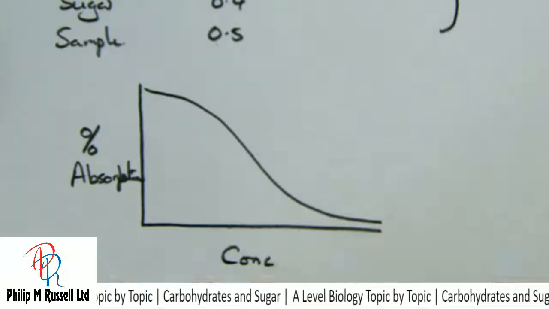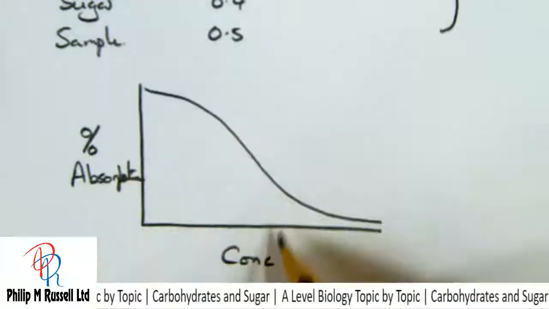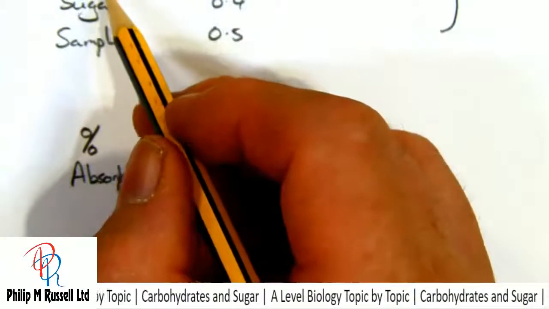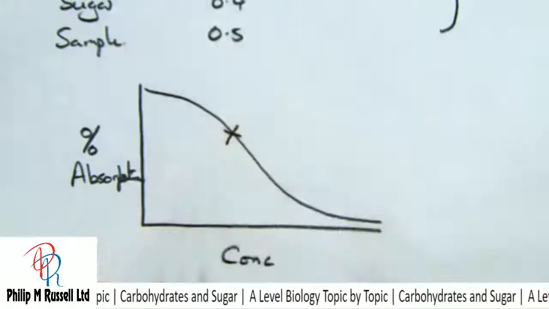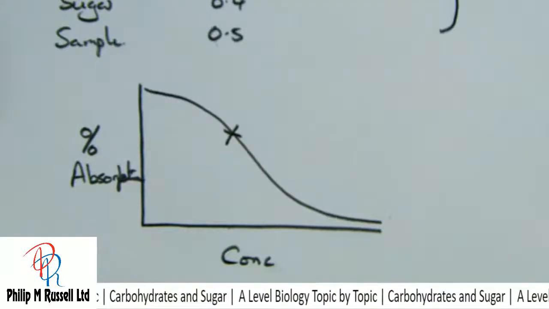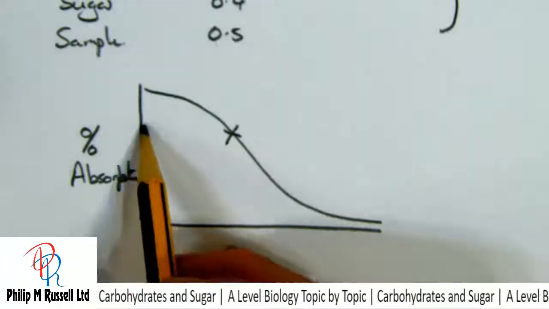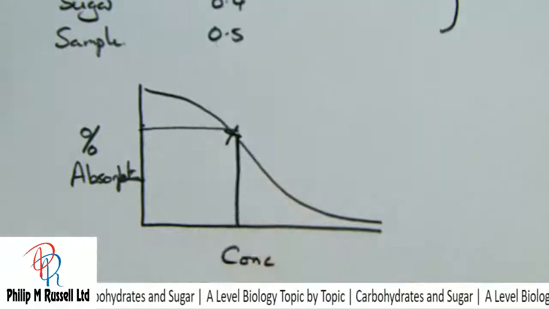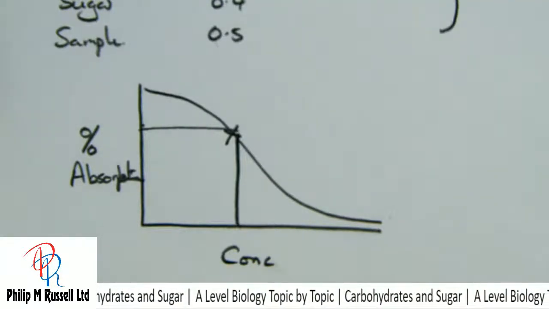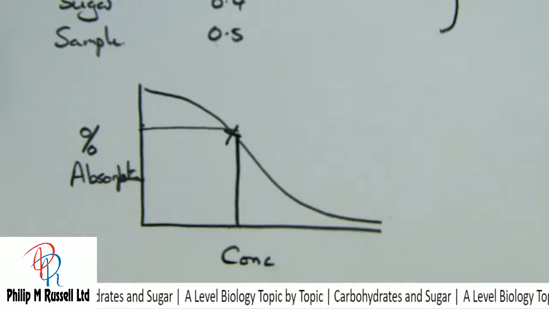And having got this graph, we then test this sugar sample and we find out where on the line it's going to be, and we can then read off on this graph what the concentration of this sugar really is.